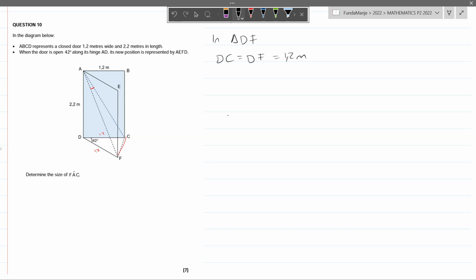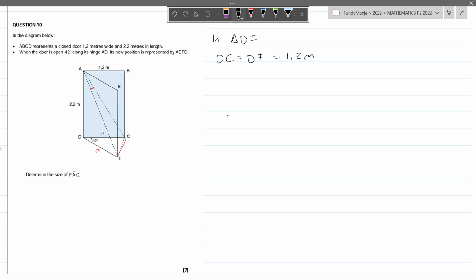So that's 1.2 meters, 1.2 meters. This is given. We can adapt this because this is a rectangle. So AB is equal to DC and DC is equal to DF. So if that is true, then this is 1.2, this is 1.2, then 42 degrees is the angle that is sandwiched by the two sides.